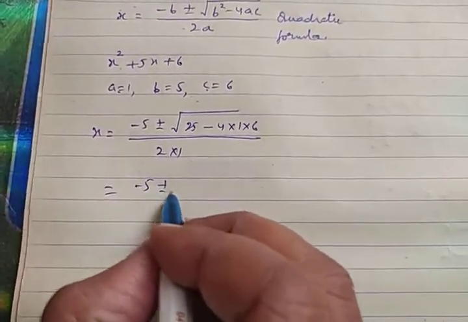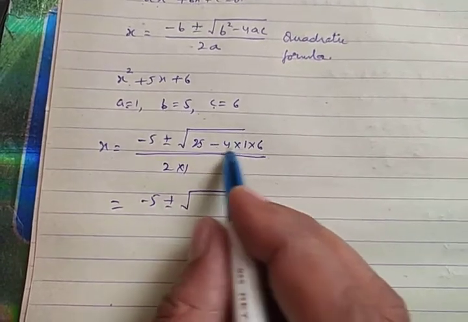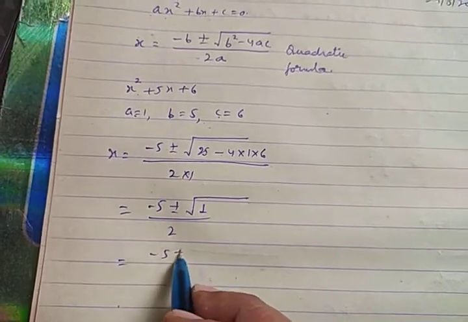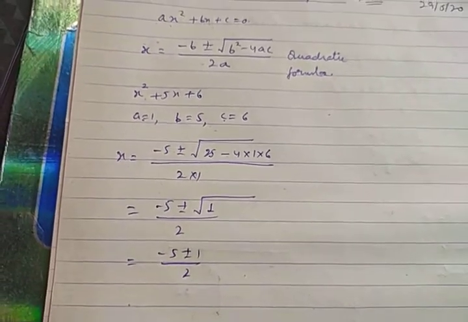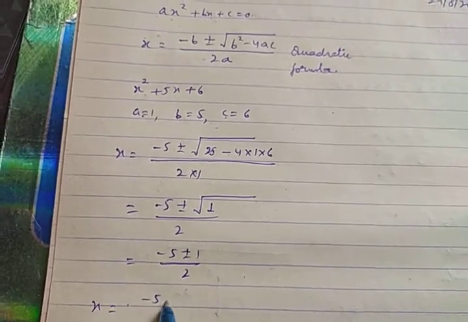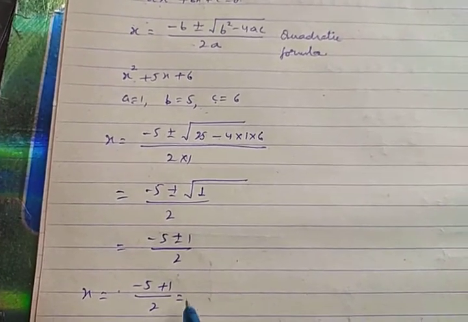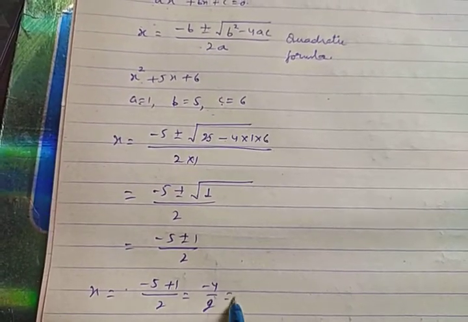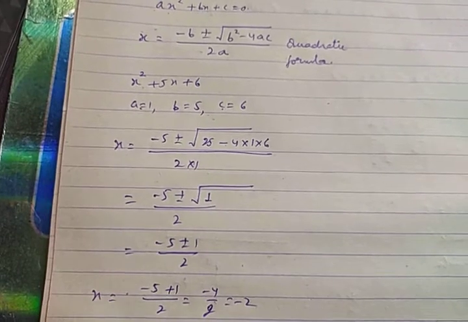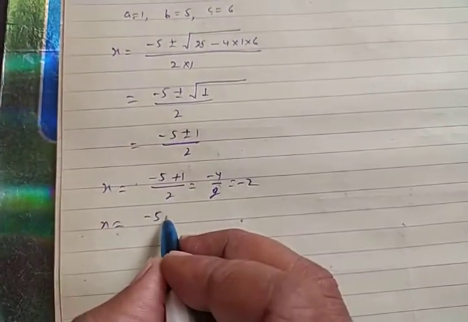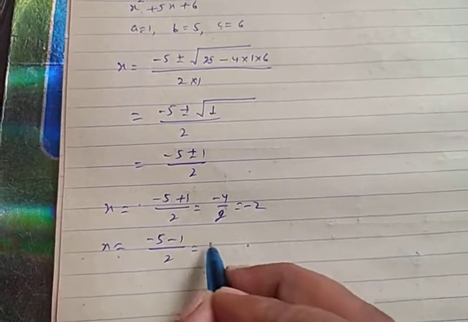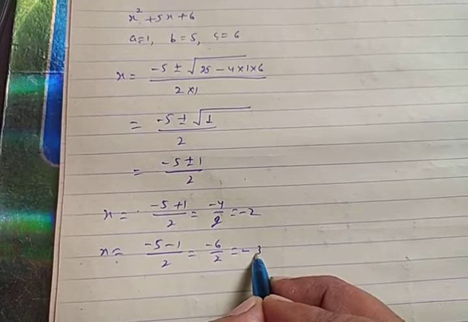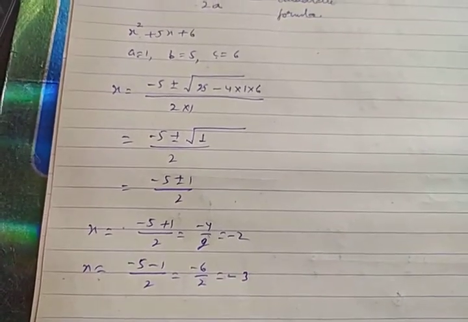It is minus 5 plus minus under root 25 minus 24, that is 1, upon 2. So minus 5 plus minus 1 upon 2. One value of x will be minus 5 plus 1 upon 2, that is minus 4 upon 2, that is minus 2. The other value of x will be minus 5 minus 1 upon 2, minus 6 upon 2, that is minus 3. These are the two values.